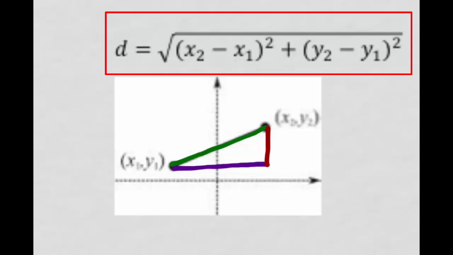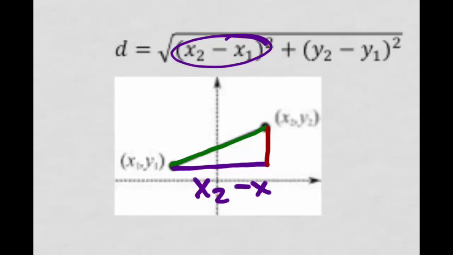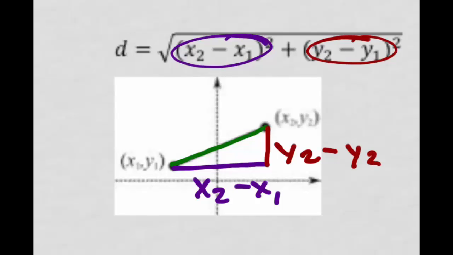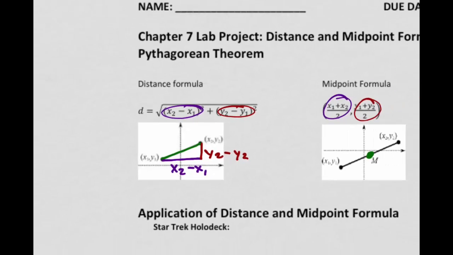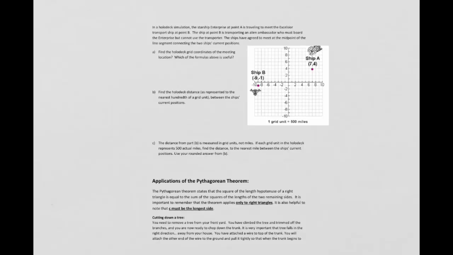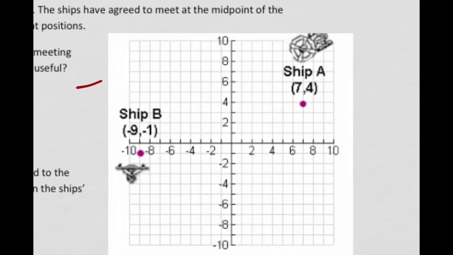So this x2 minus x1 is really the length if I counted spaces between x2 and x1, and then this is how long the height would be of that triangle, and if I can find those two, I can apply it to the distance formula. So they're really the same formula, just with slightly different applications.